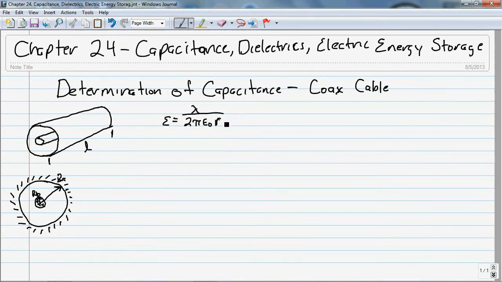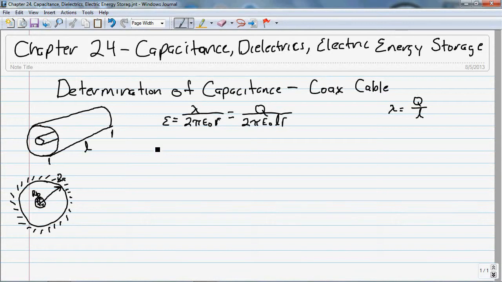Now, lambda was defined as the charge divided by the length. So we can substitute that into our electric field equation. We get Q over 2 pi epsilon naught L times r.